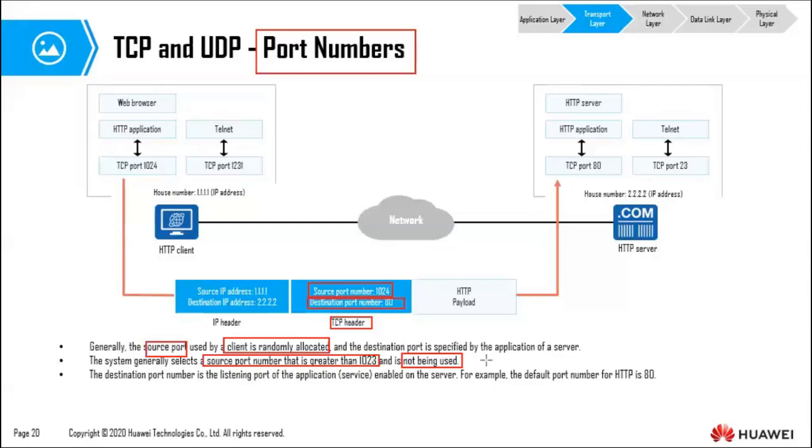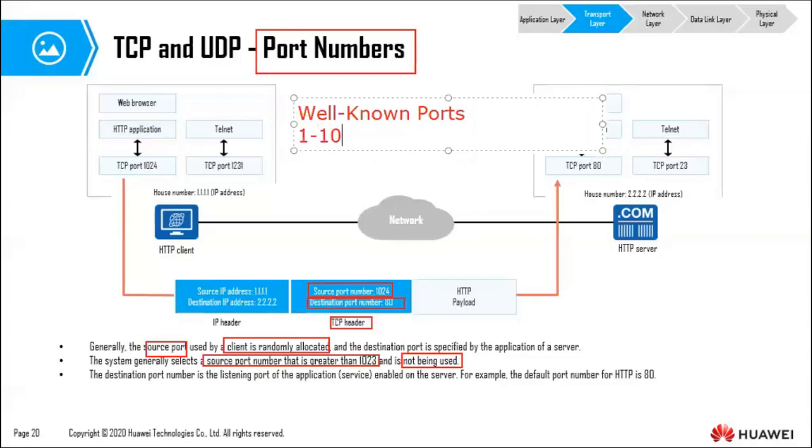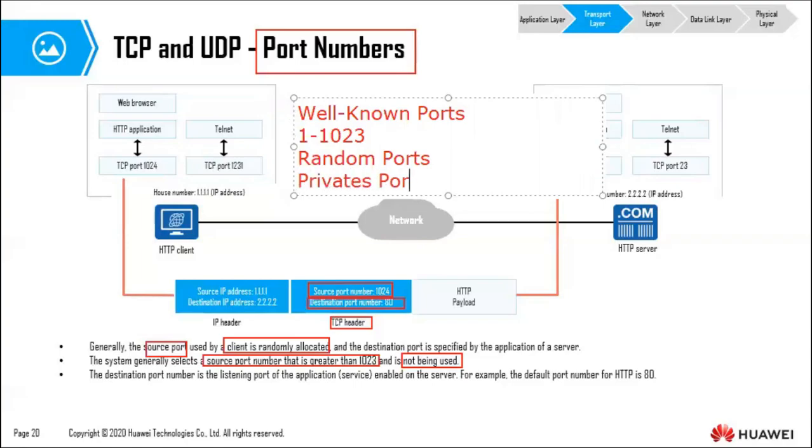So we cannot generate well-known ports, from 1 to 1023. Then we have random ports. They begin from 1024 to some value which I cannot remember.